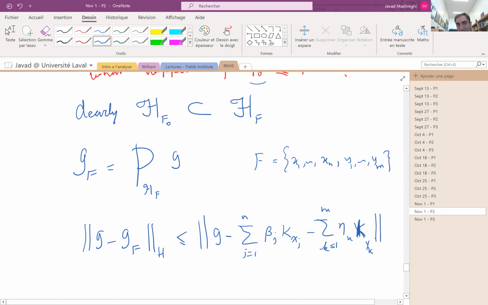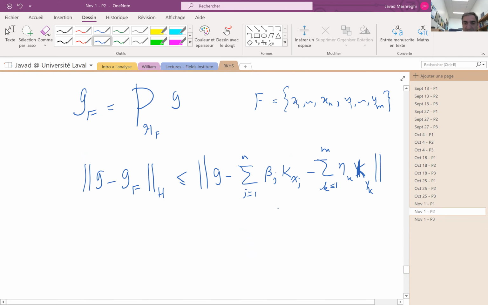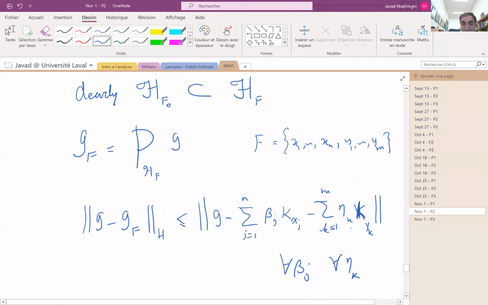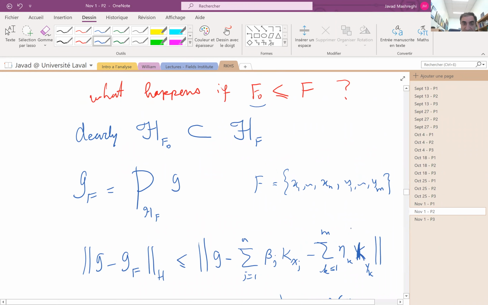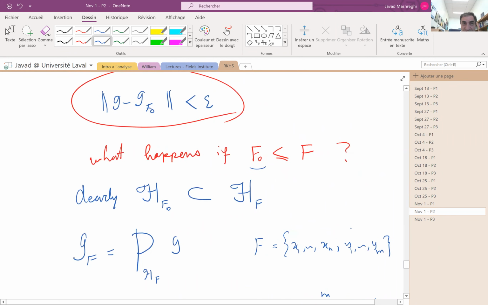This is an arbitrary element of H_F, for any combination, no restriction on beta and no restriction on eta. This is always small. In particular, we can take all eta k to be 0 and choose beta such that this combination gives us g_{F0}.